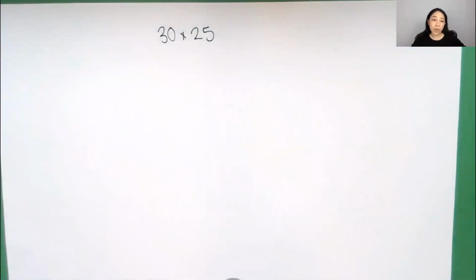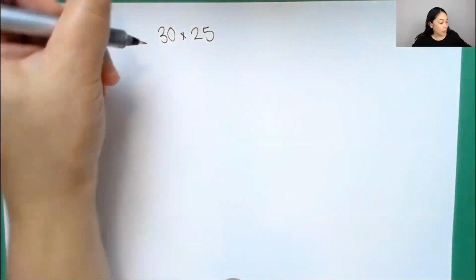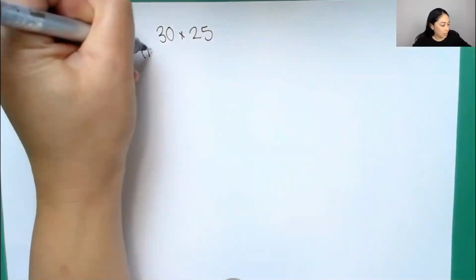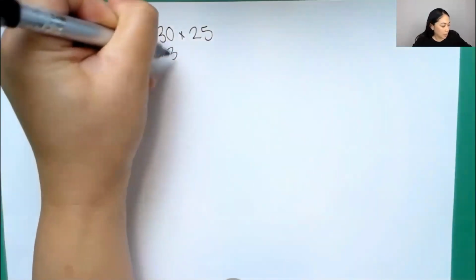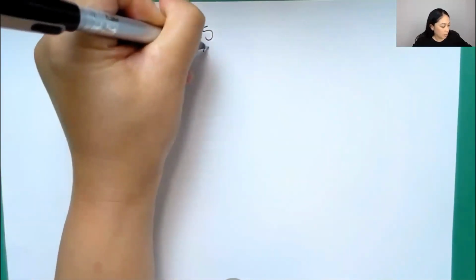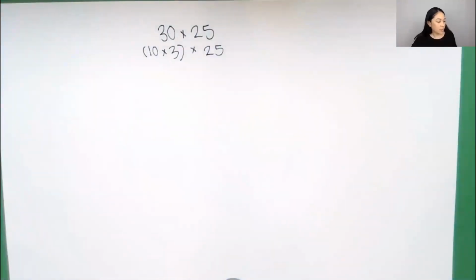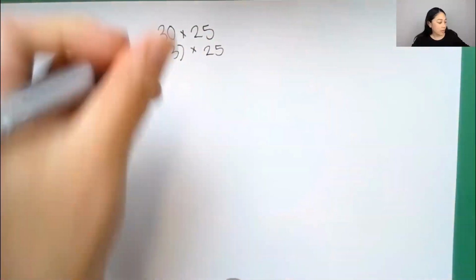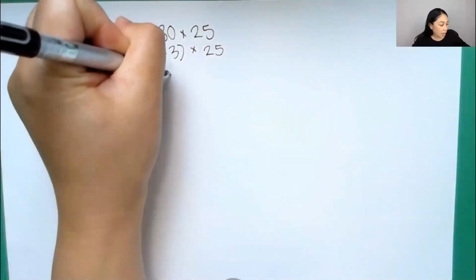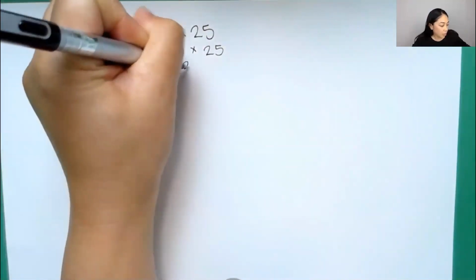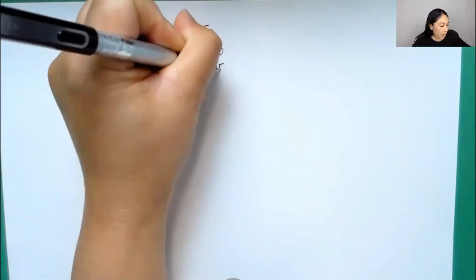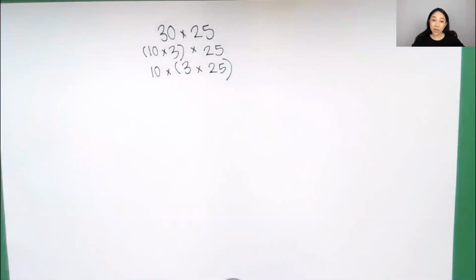We learned from a previous lesson that 30 can be represented like this: 10 times 3. We also know the expression 10 times (3 times 25) is equivalent.